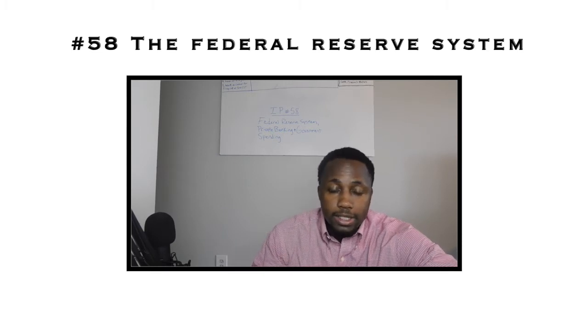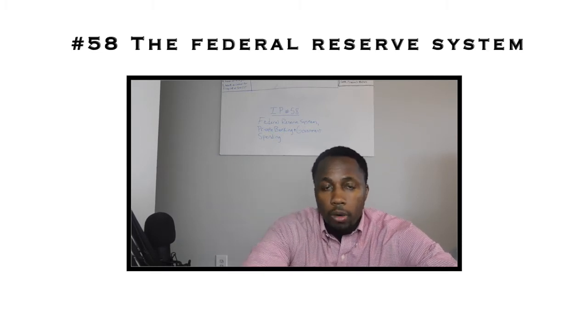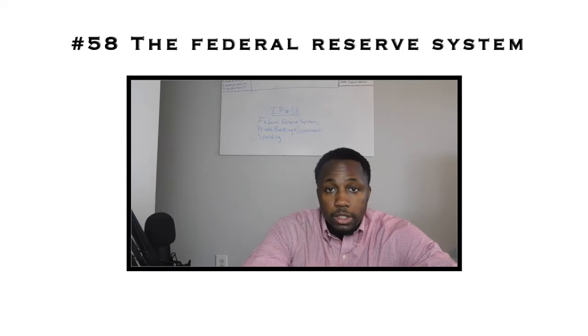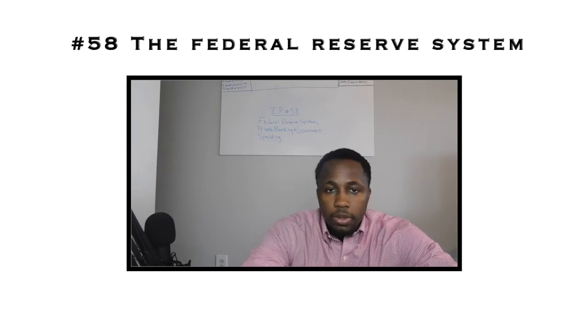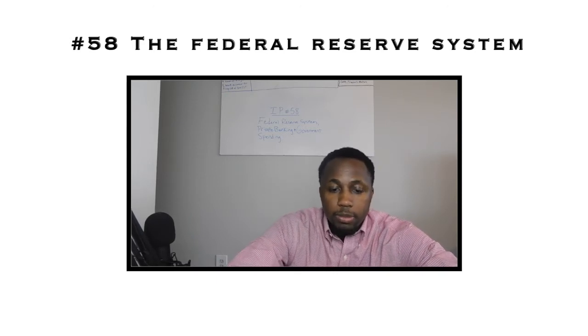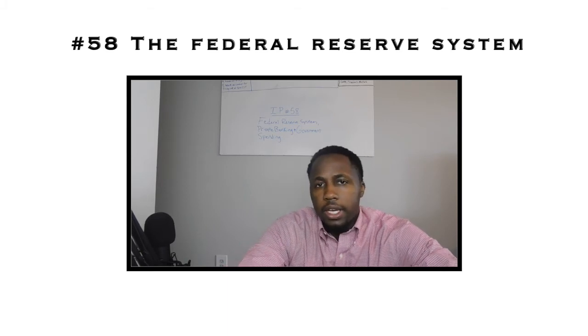When they're trying to tighten credit, they will often raise interest rates so that no one is really borrowing much credit. That's mainly what some of their objectives are as an independent entity.